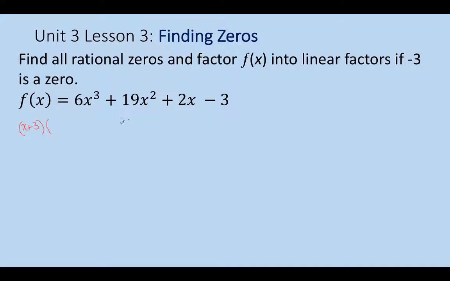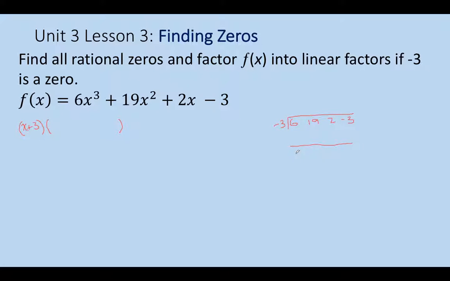But, kind of what's the rest look like here? So what we're going to do is we need to figure out what this polynomial is going to be. Well, what I can do is I can just go ahead and do the synthetic division. I've got the negative 3 here, and then I've got 6, 19, 2, and negative 3.